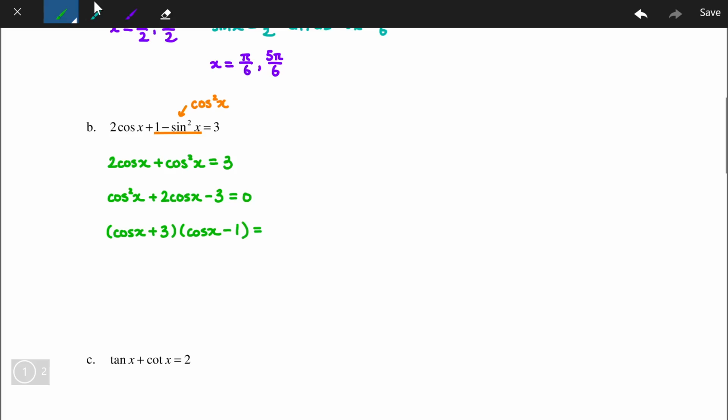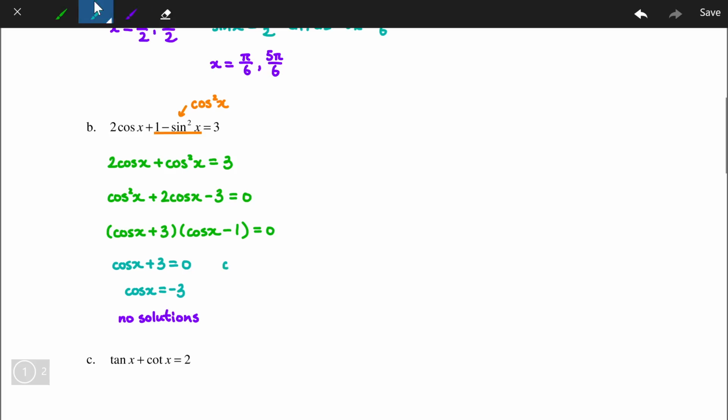And that's going to be equal to 0. Right, so the first part, we have cosine x plus 3 is equal to 0, which means that cosine x is equal to -3, and that's good because it has no solutions, right? We know that cosine x is between -1 and 1, so it couldn't be -3 at all.